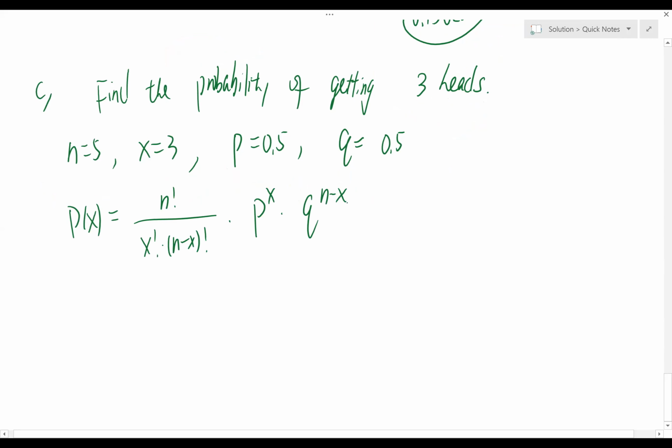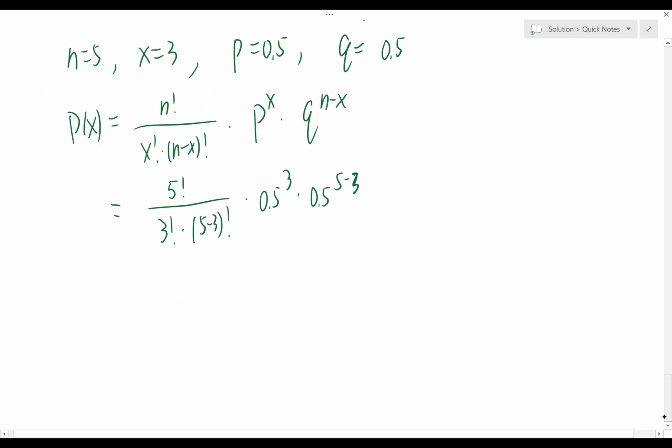So one more time, we just plug in the numbers: 5 factorial over 3 factorial times (5 minus 3) factorial times 0.5 to the third power, and then 0.5 raised to 5 minus 3, which is 2, right?